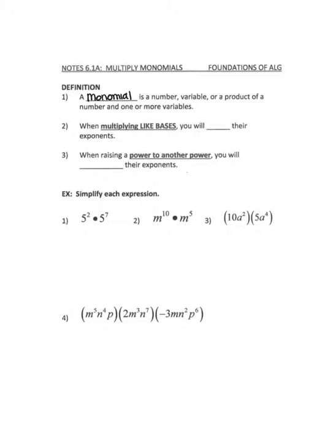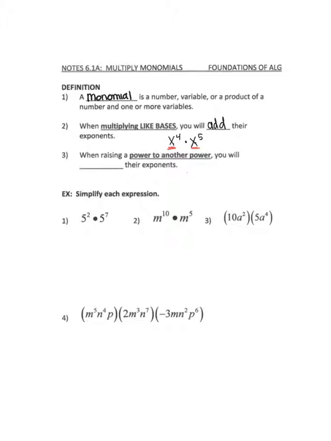When we multiply like bases, so if our base is the same, so say we had x to the 4 times x to the 5, they're like bases because these are both x's. We are going to add their exponents.